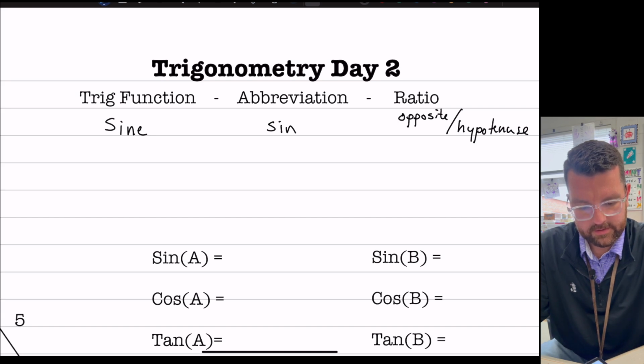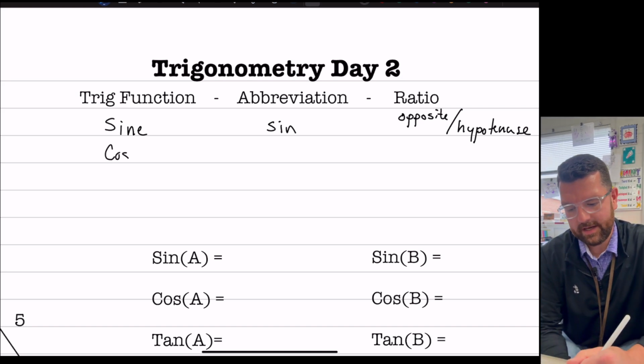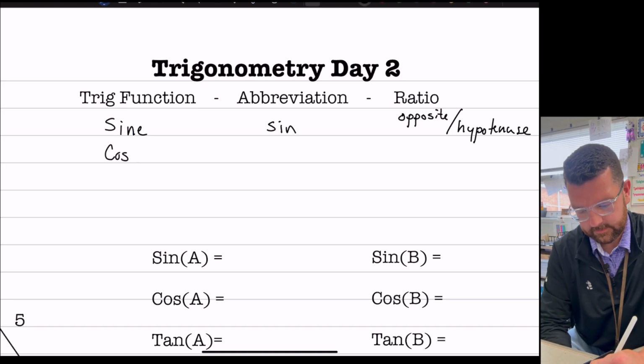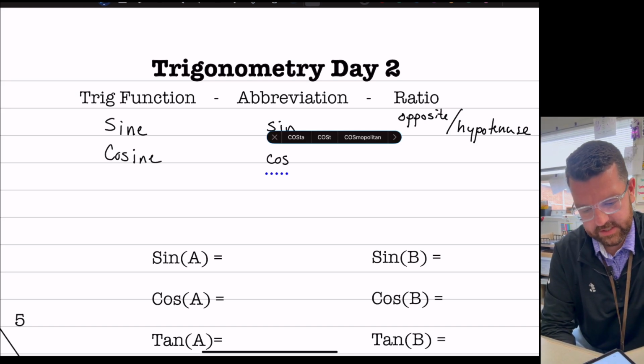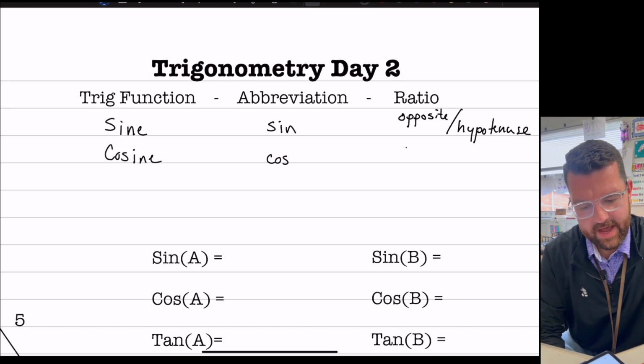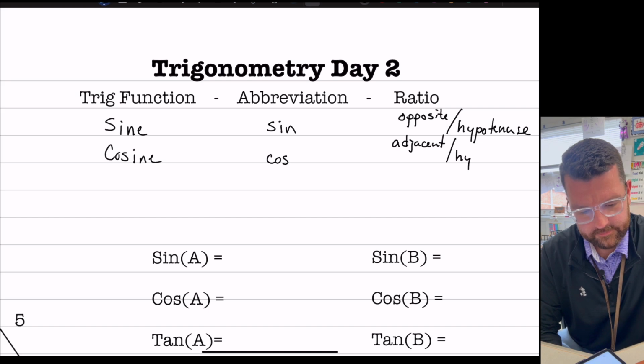Okay, we'll do it a little different. I will just run through these notes. Cosine is my next one. Cosine, its abbreviation is COS, and that function or ratio would be your adjacent over your hypotenuse.